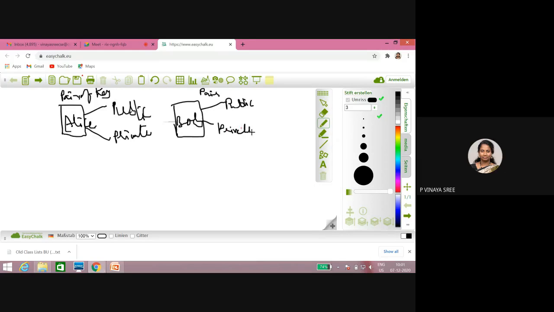Now let us consider, try to concentrate here, if Alice wants to send a message to Bob, let us consider Alice is encrypting a message with the public key of Alice. I am considering Alice as A and Bob as B. So I am encrypting with the public key of A. Try to concentrate.